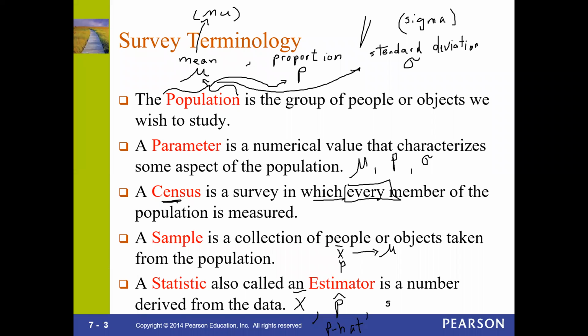And S is trying to get an idea for sigma, for that dispersion of the population. Any questions so far?